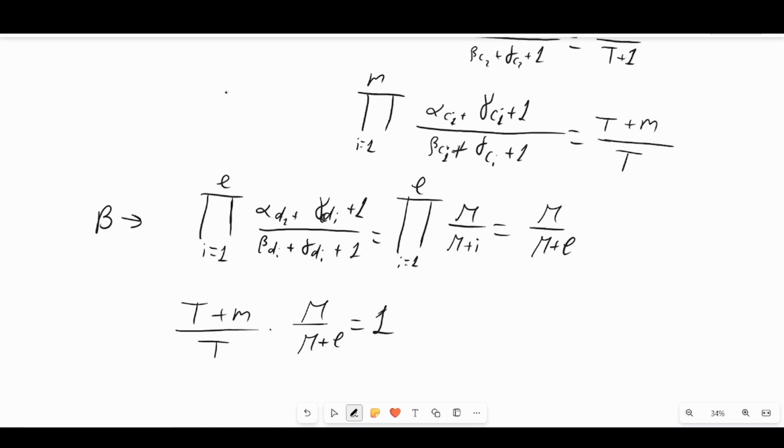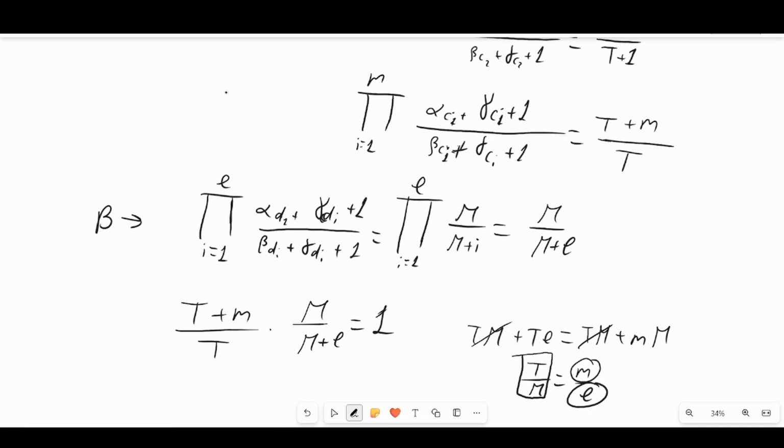If we take their product, we get tm plus tL must be equal to tm plus m times big M. We can erase this one. So t over big M must be equal to small m over L. And clearly we can always take two very big integers, t and M, such that their ratio will be the number m over L.